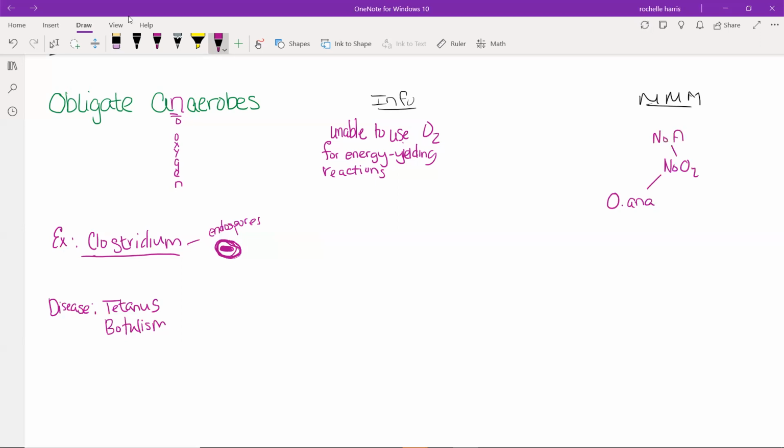So then there will be no ATP, no energy. And then we have an example, Clostridium. And then a couple of diseases, tetanus and botulism. And if you want to add more notes, more microbes, you can do that as well. And then just a side note that they are endospore producers.